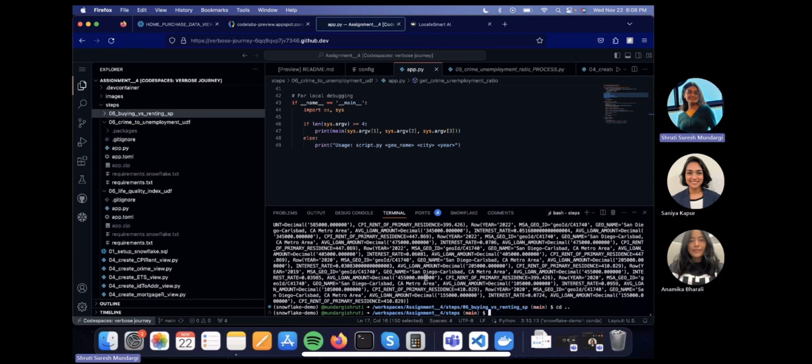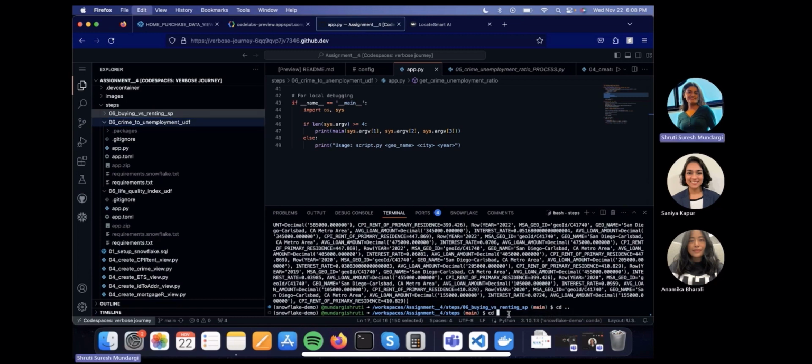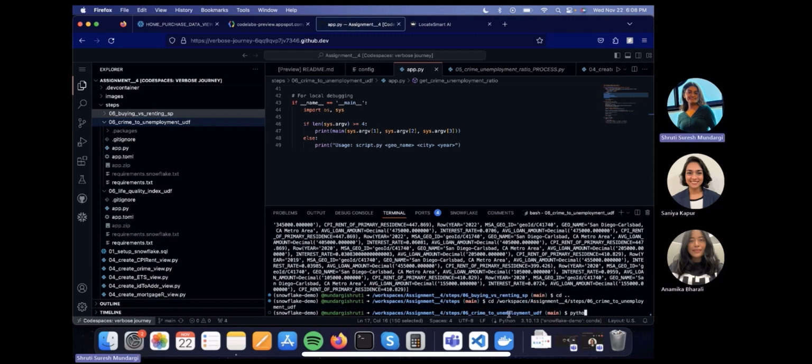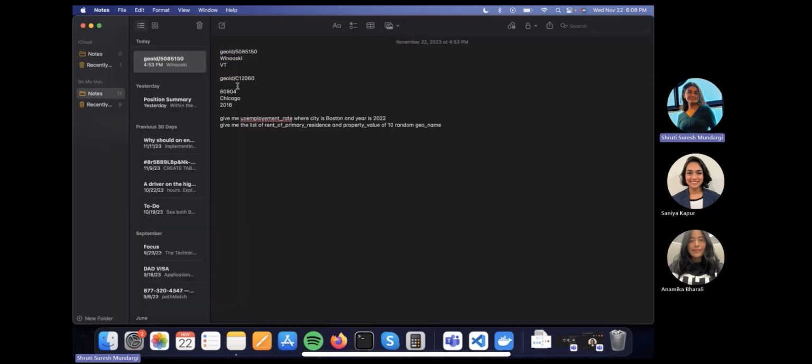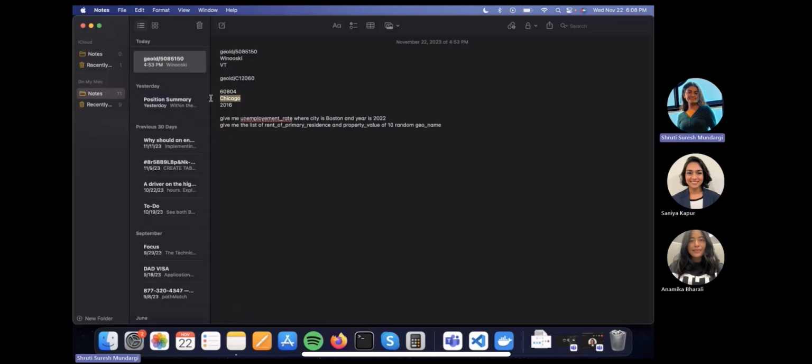Okay, now let us go to finding the crime and unemployment ratio. I will add the three parameters that this requires. First is the zip ID. Next is the city.